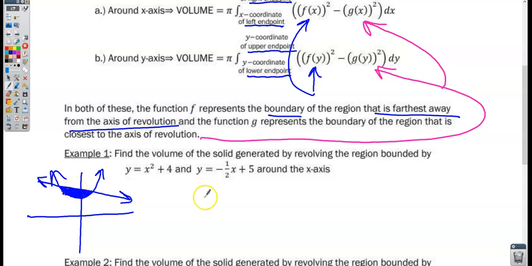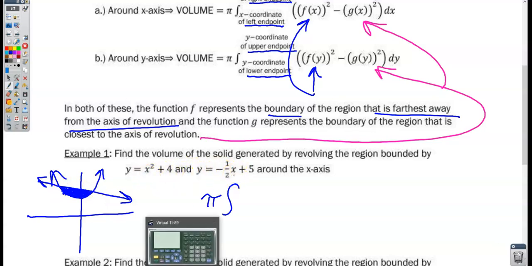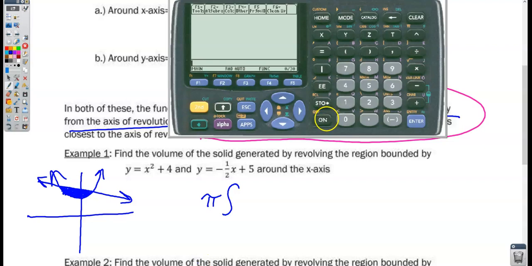So to set this up, I'm going to take pi times the integral from one end of here to the other. So I need these limits of integration. I could go ahead and solve this system of equations by hand, but most likely if I'm doing this problem, I'm going to have access to a calculator because most of these volume of solid questions show up on the calculator section of your exam.